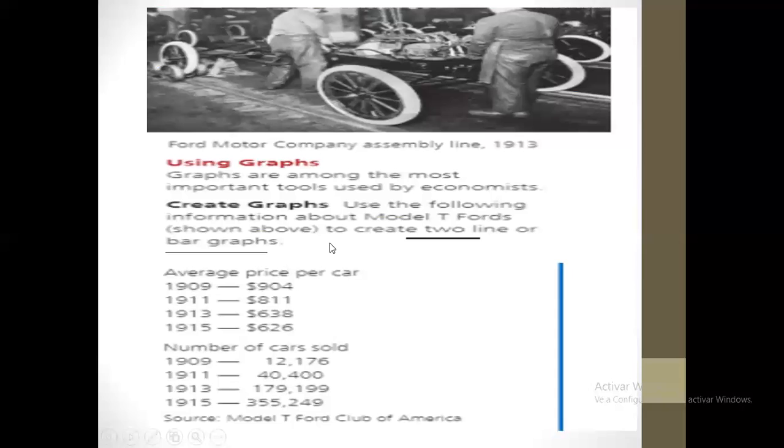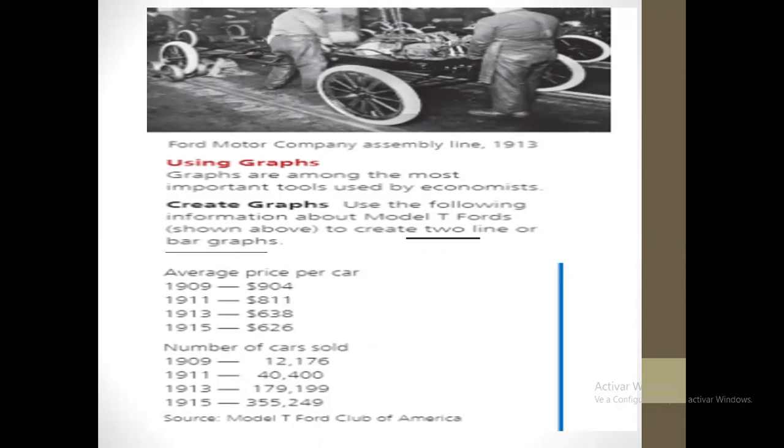Now over here, they ask you to create either 2 line graphics using the 2 of them, or 2 bar graphics. But I'm going to suggest you use, for the first one, the line graphic, and for the second one, use the bar graph, okay? Got it, guys?